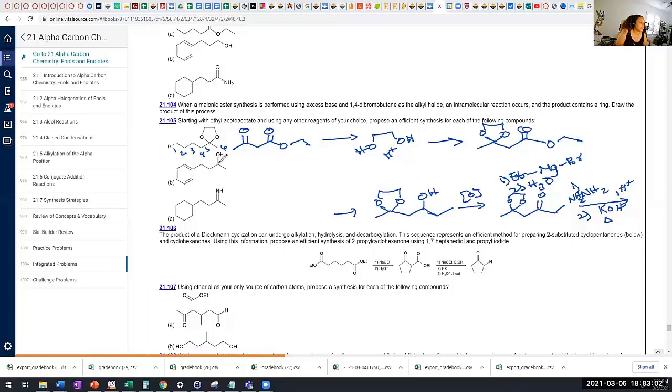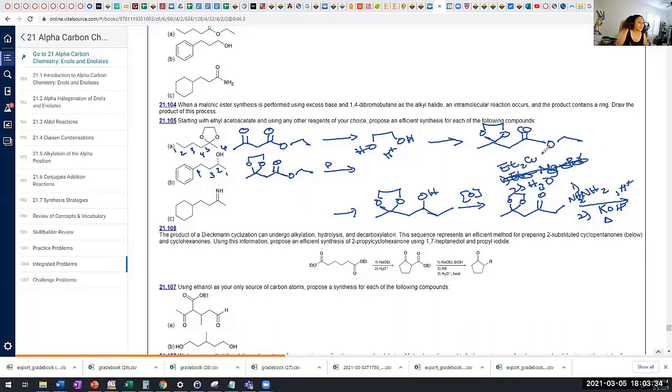So in the next one, I have ethyl acetoacetate. Again, I have 1, 2, 3, 4 carbons here. 1, 2, 3, 4. So what I could do is, again, I can protect the ketone. I'm just skipping these steps because we already saw them. Sorry, here I used a Grignard. I said I want to use a Gilman.